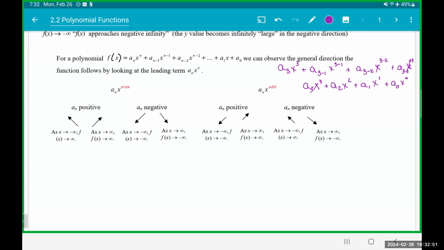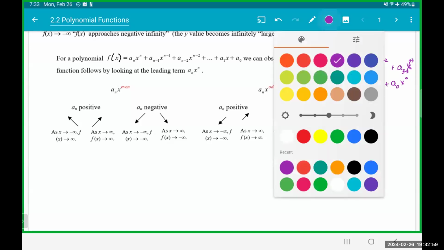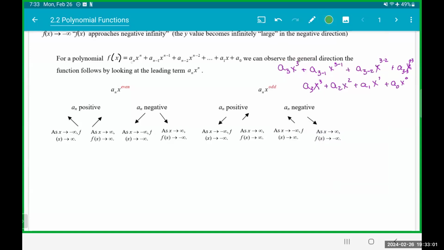So how does this translate? This is going to help us when it comes to graphs, because this right here is considered our leading term. So if our leading term has an even exponent, how does our graph behave? And the constant can be either positive or negative, right?